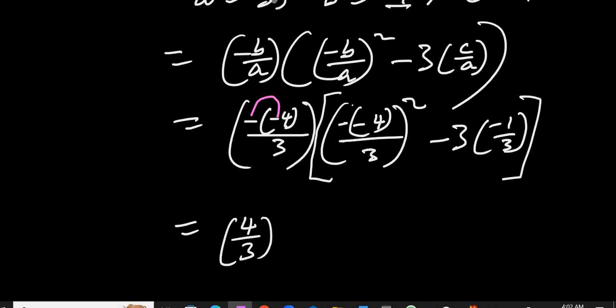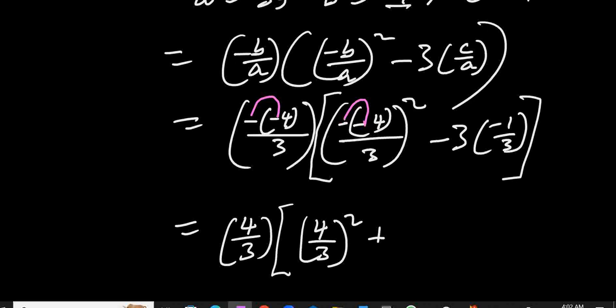Let's put this in parentheses. Let's use block bracket here. Then this negative will multiply this negative. Then we are going to have positive 4 over 3. We can square this, minus negative 3 times negative 1/3.